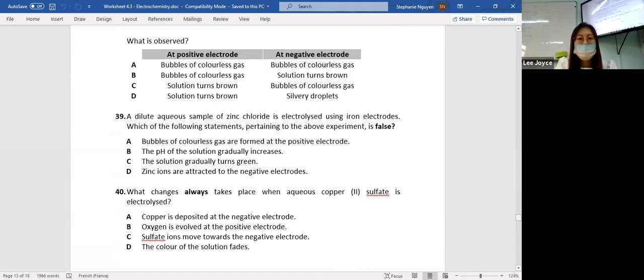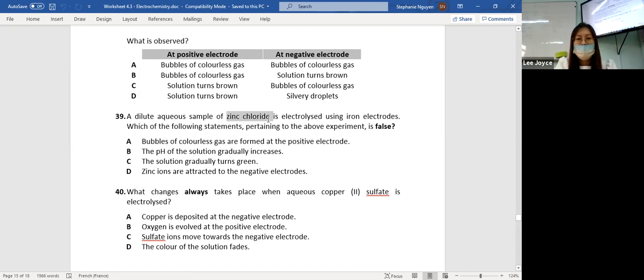Now next, question 39. It says it's a false statement. Let's write out the half equation that will happen in this setup. So what are the keywords?